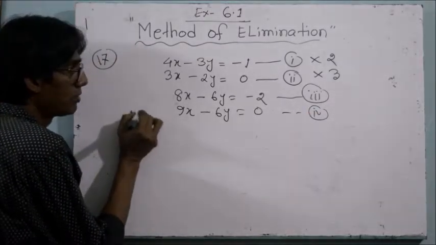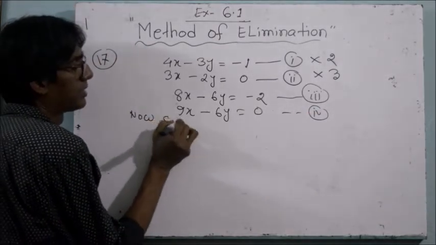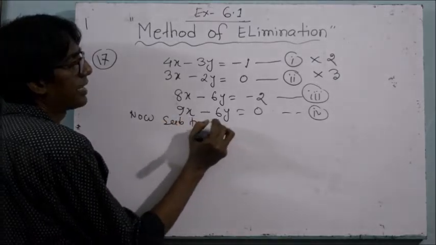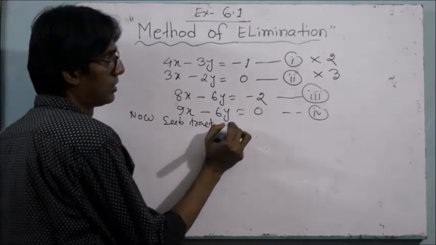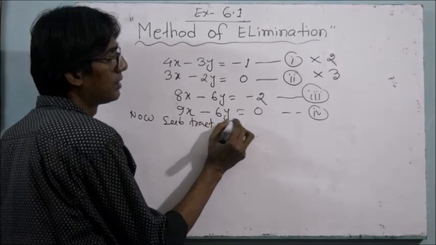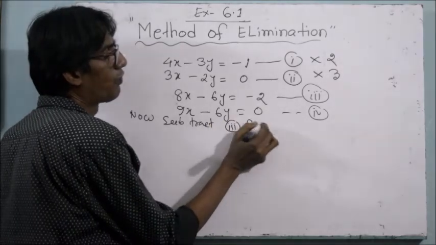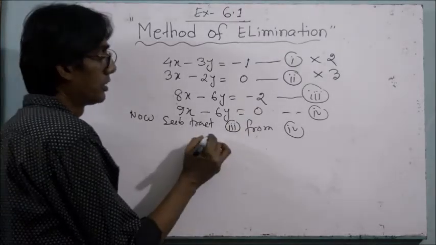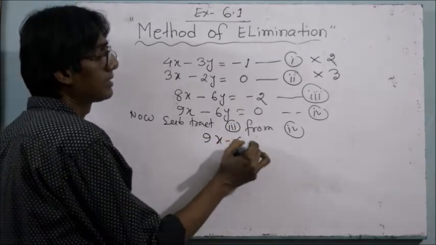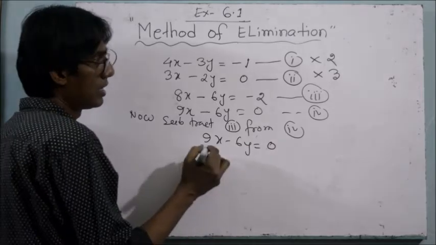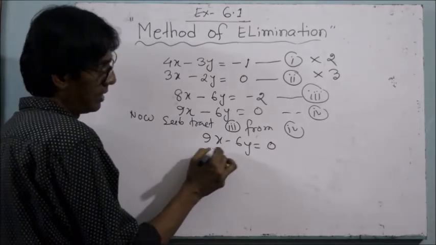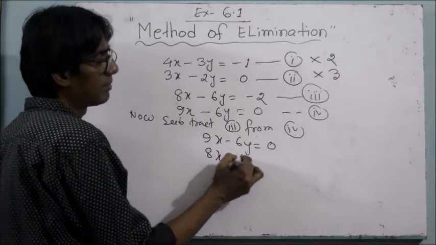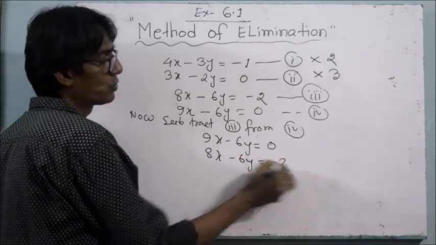So now subtract 3 from 4. Okay, so 9x minus 6y equal to 0, and 8x minus 6y equal to minus 2.